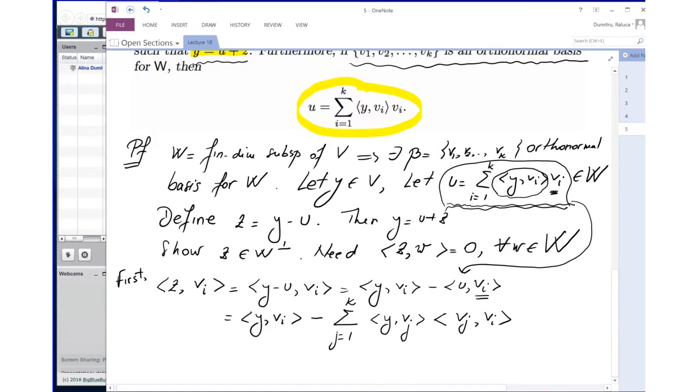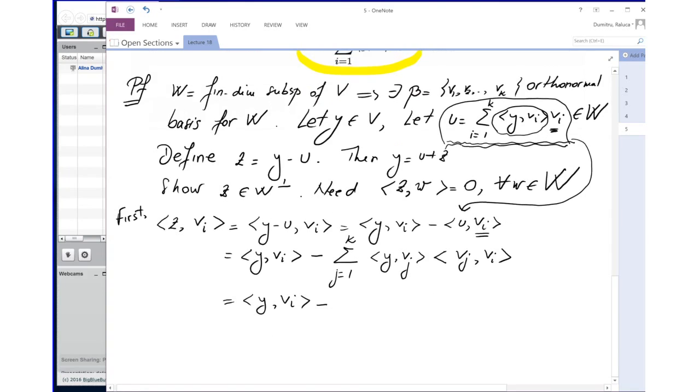Now, Vi with Vj, that set beta was orthonormal. So in particular, it's orthogonal. So Vi with Vj inner product is 0 unless j equals i. So I'm just going to retain from this the case when j equals i.